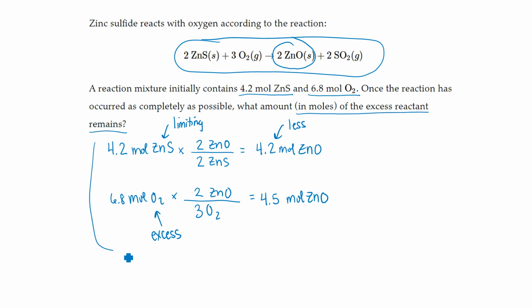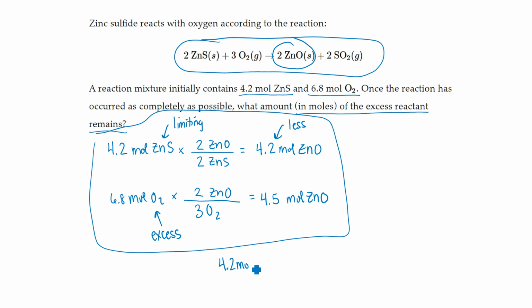So there's a couple different approaches to this one. One way you could do it is you could say, well, I know that 4.2 moles of zinc oxide are going to be made in this reaction. So then you could say, how much oxygen would get used up in the process of making 4.2 moles of zinc oxide?